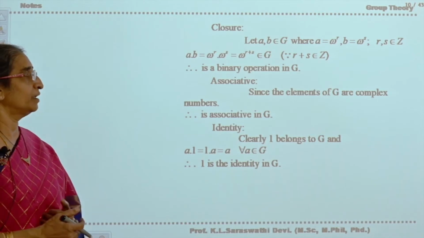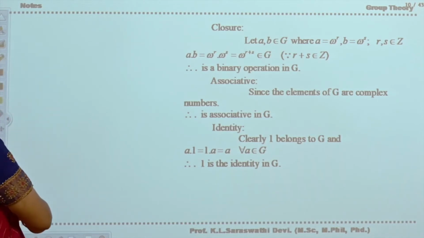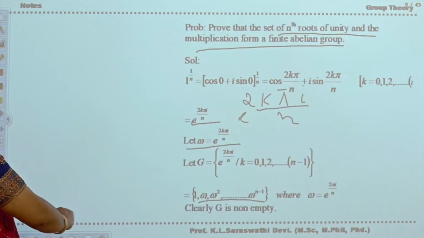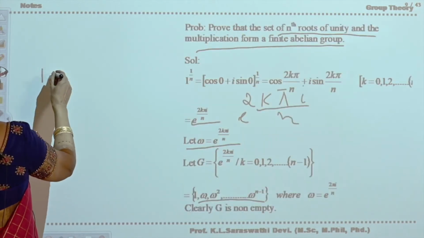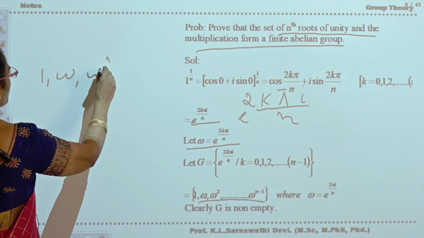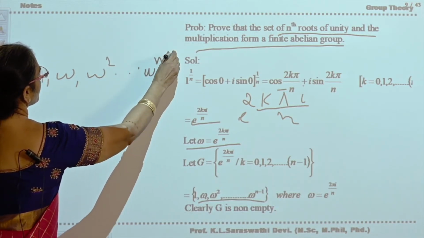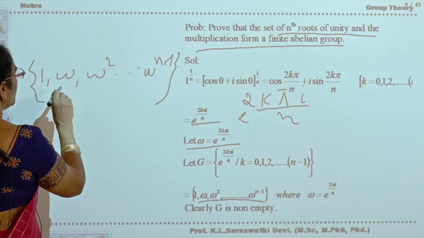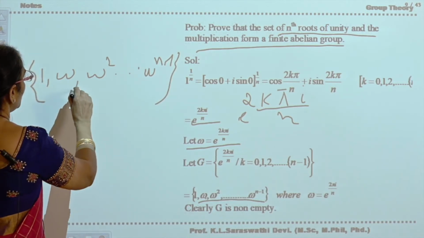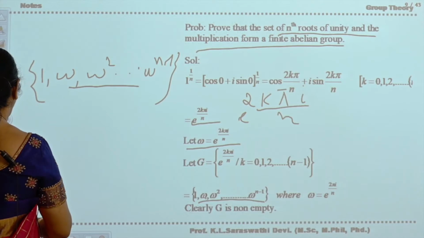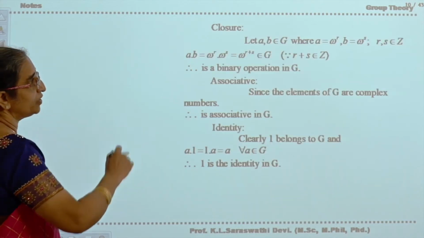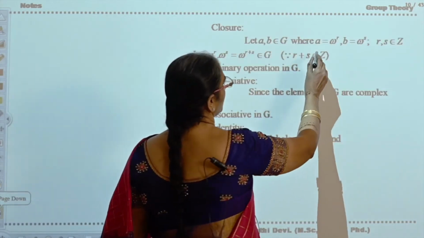Now see here, the closure property. What is the set you have considered? The set is 1, omega, omega square, and so on, omega power n minus 1. In order to verify the closure property, take two elements from this, omega power r and omega power s, a and b.